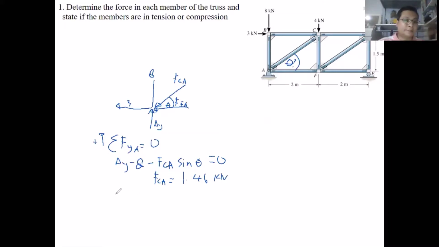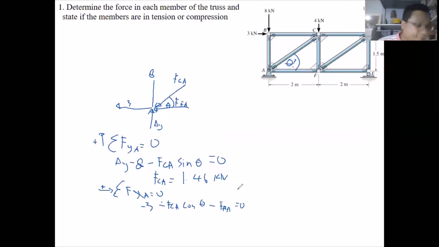So that, we calculate sigma Fx. So in x we have here negative 3, and then also negative FCA cos theta, and then negative F equal 0.